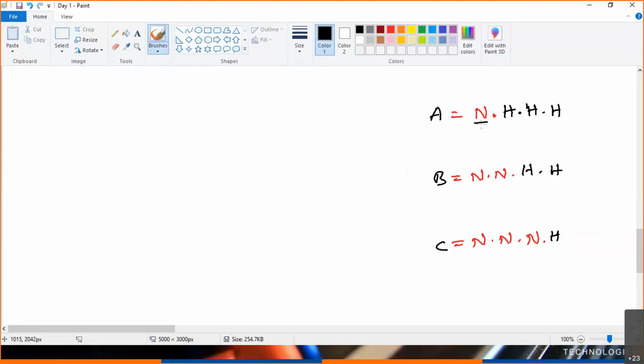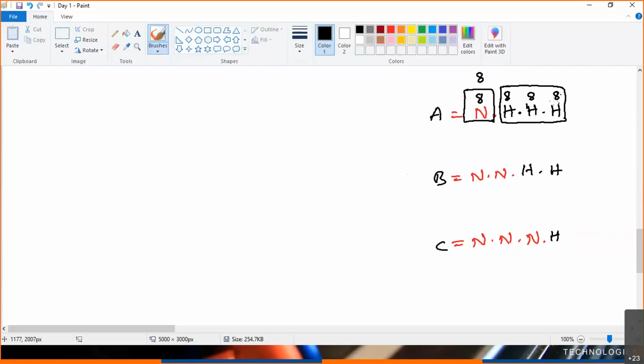How many bits are there in each octet? 8 bits. First octet 8, second octet 8, third octet 8, fourth octet 8. Class A, total number of network bits: 8.